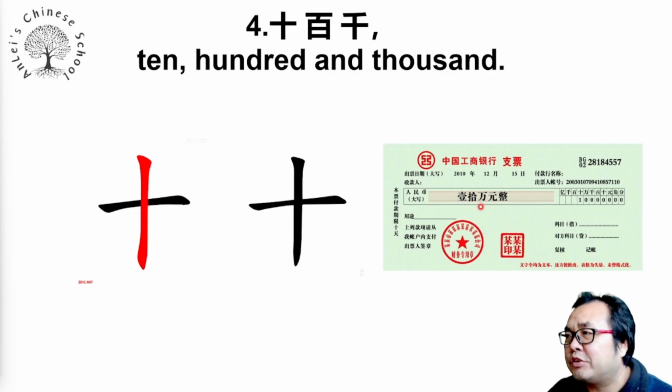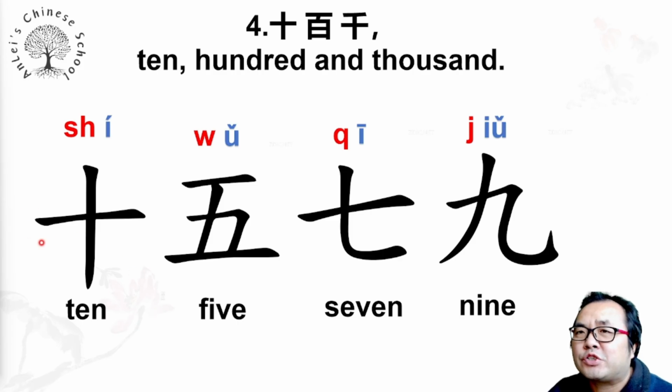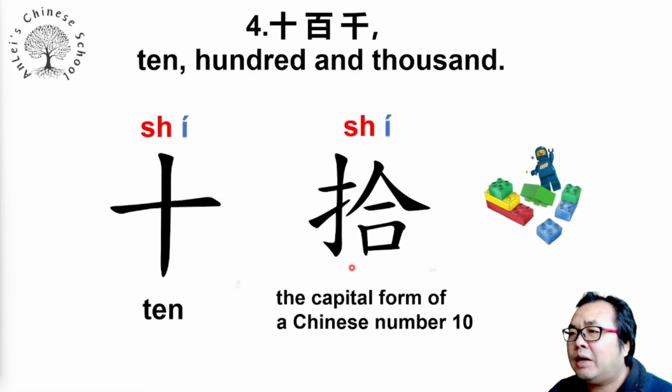So both have a capital form. Also 十 you can change to 5 by putting a stroke on the top and a stroke here, and on the bottom it will become 5, or just make a tail, it will become 7, or make a curve to make it 9. So this is the capital form of number 10, 拾, and we will break it down.